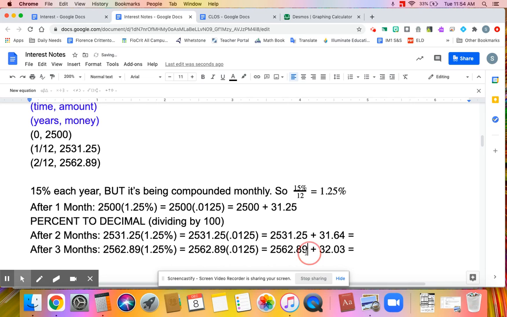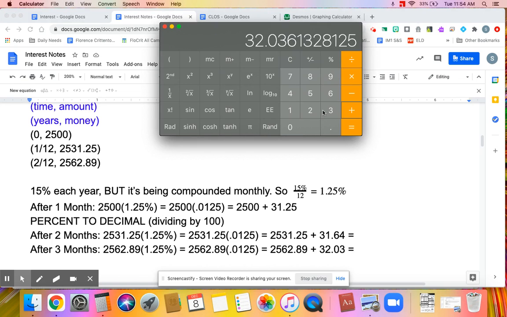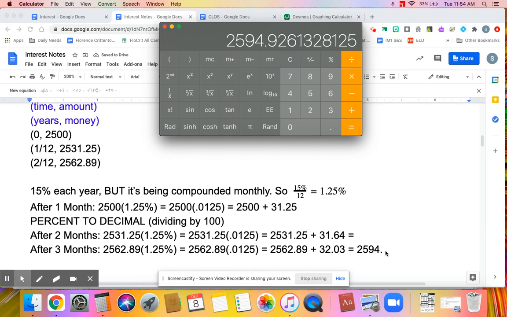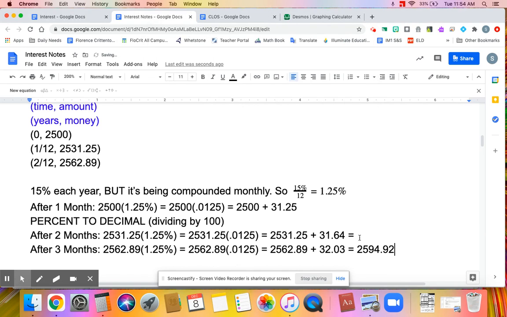That I have to add on to my previous month's amount, to find out now that I have $2,594.92.